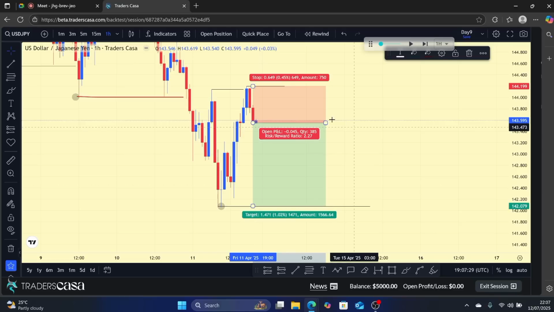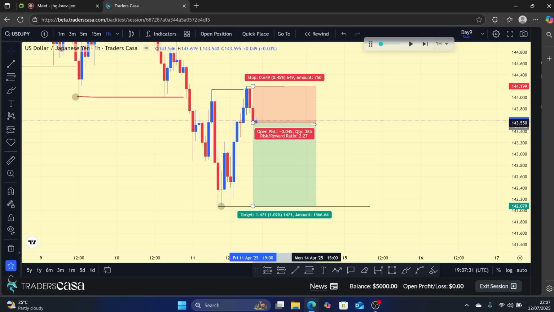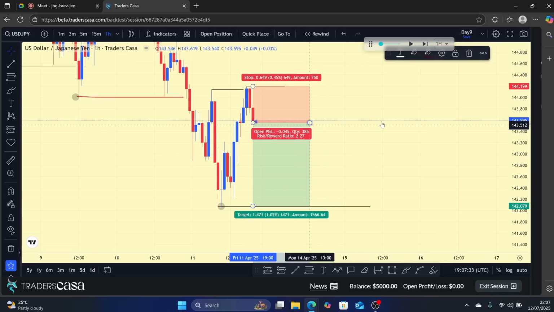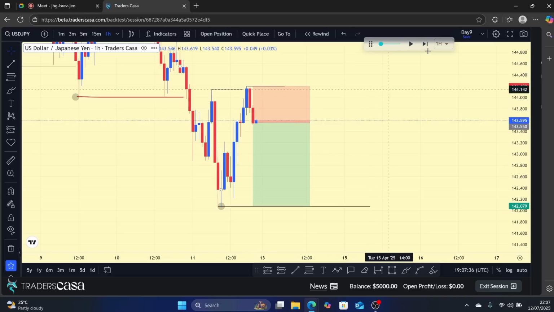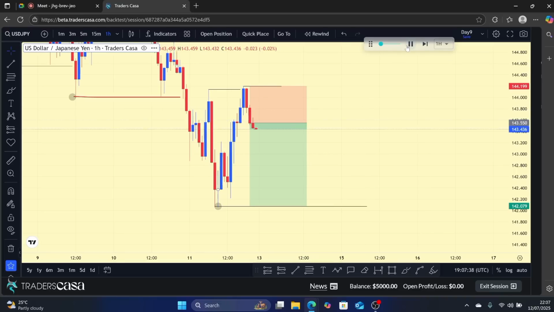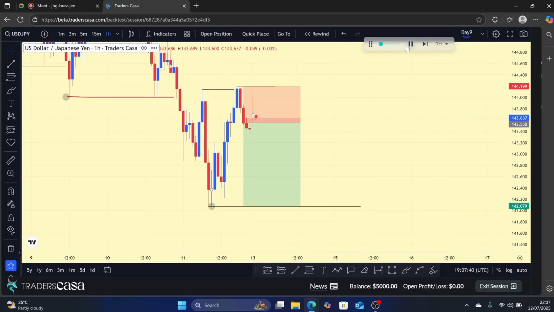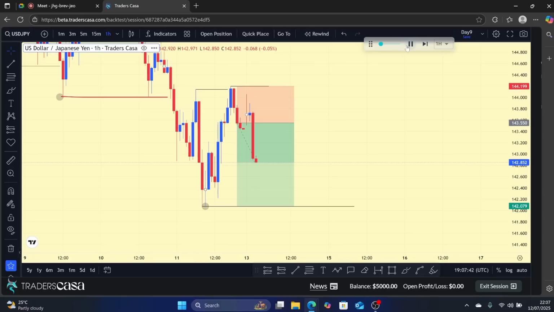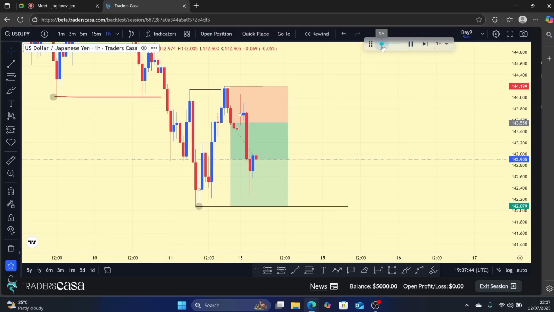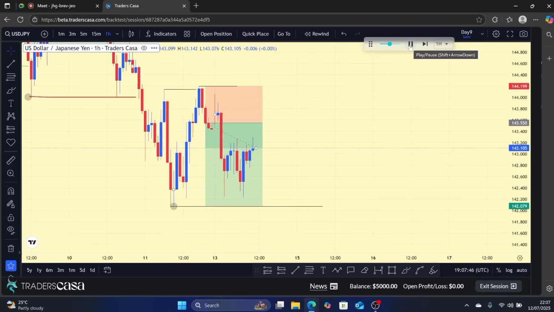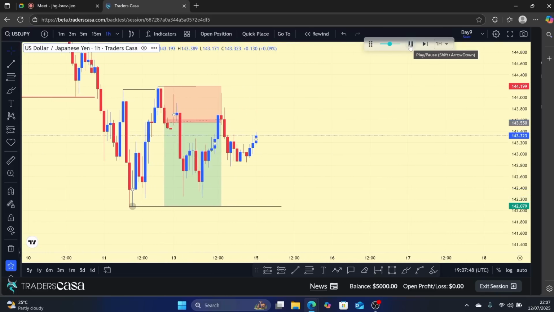So right here that is a 1:2, and after that you can run price, of course, and you can clearly see that price is doing that. So let me make it fast. All right, price consolidated.